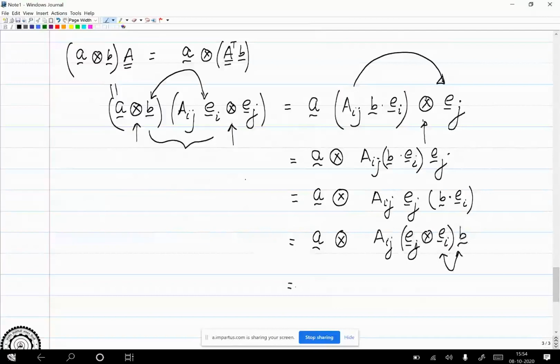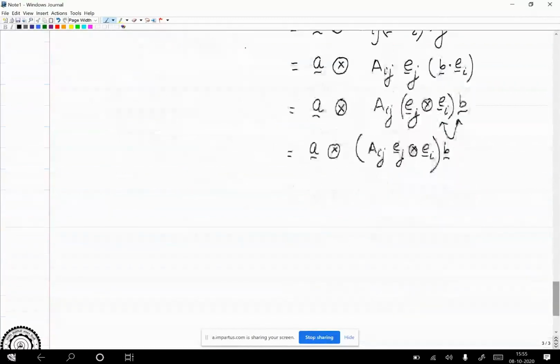Okay, so this is finally A tensor product Aij Ej tensor product Ei into B. And can you see what is this thing inside the bracket?